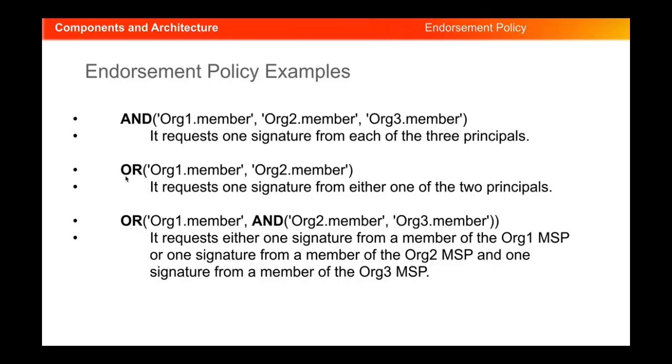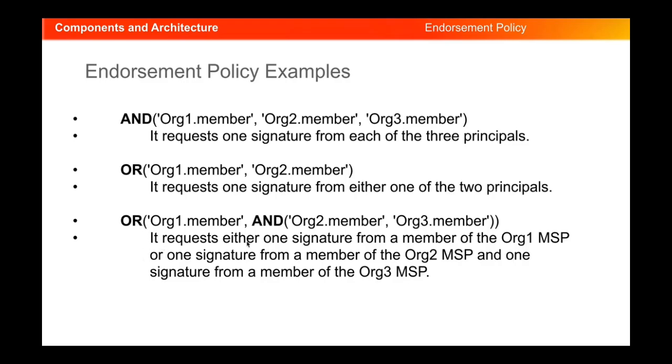Next, this statement shows that it requires one signature from either of the two principals, which means you need a signature from either org1 or org2. The third one represents the nested expression that we have talked about.